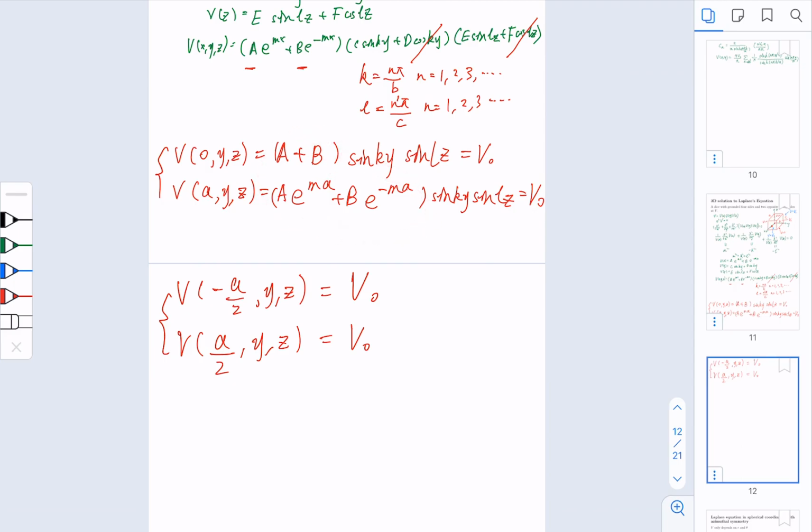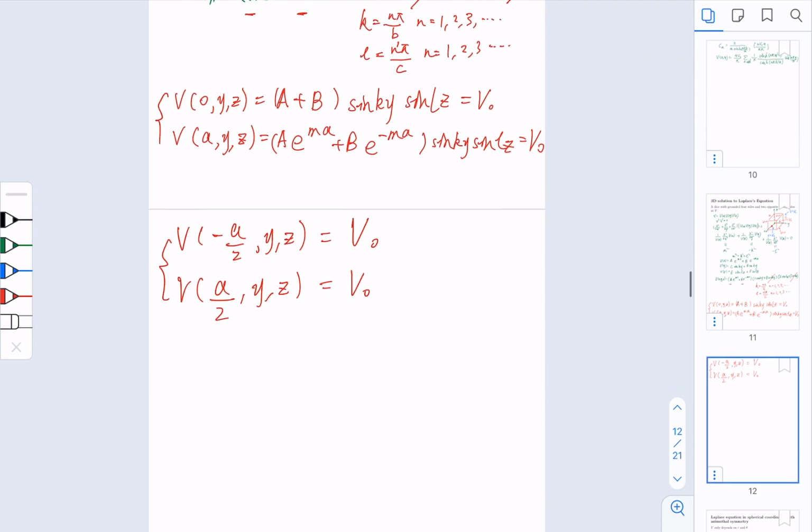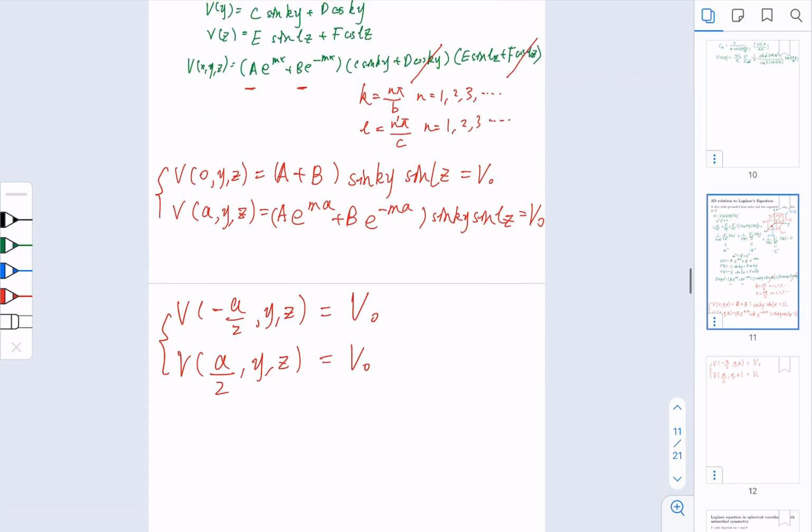Otherwise, if we look at these two boundary conditions, you are going to get very messy results for a and b, and by shifting the origin, our solution can be a bit simpler because that only permits a and b to be equal.